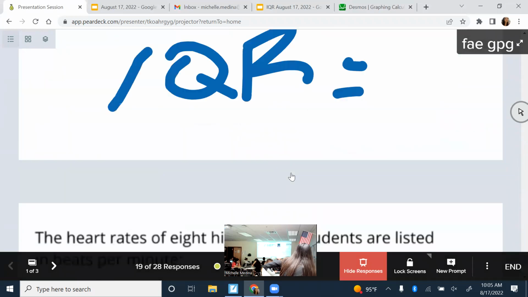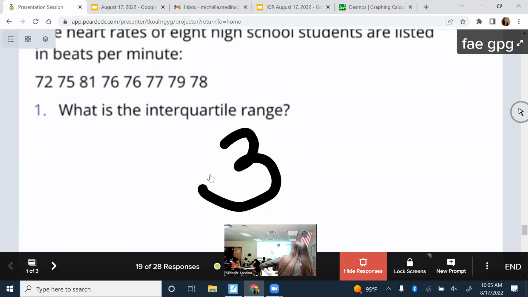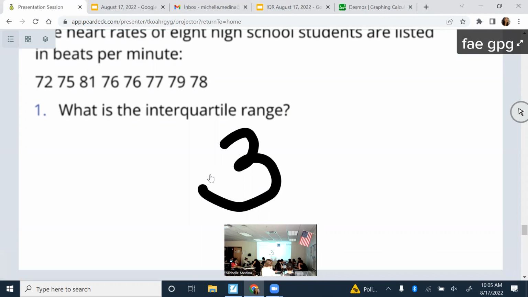I think I saw the right answer once, if I remember correctly, and it is 3. Let me check my answer key. So only one person in here got it. That's not good. We need to learn that by the end of this lesson.